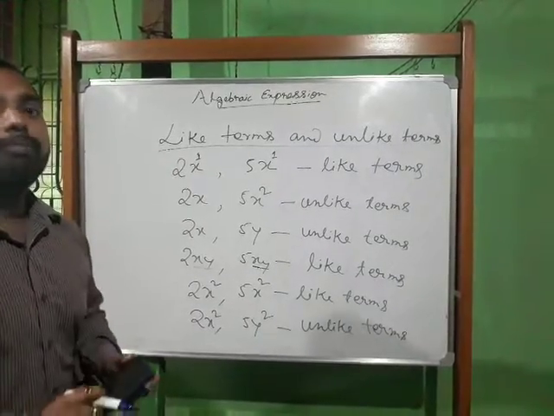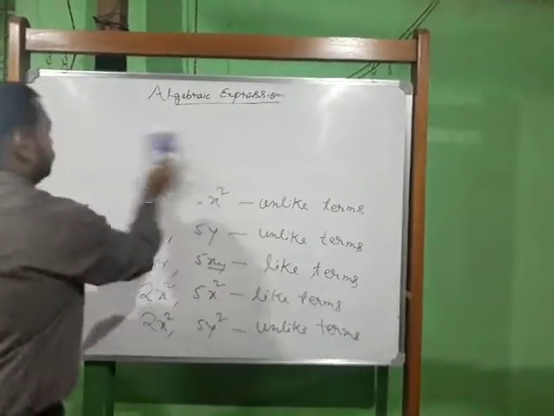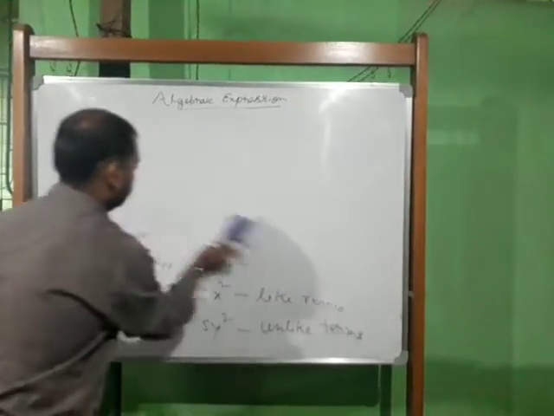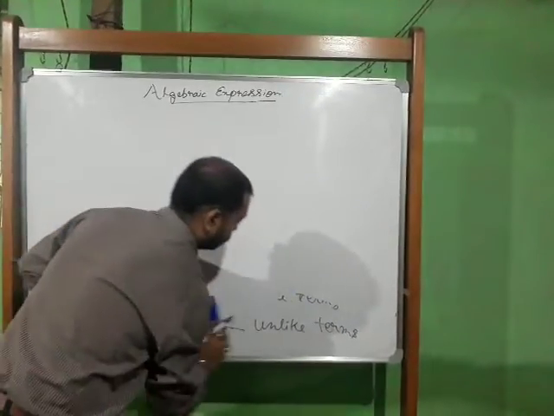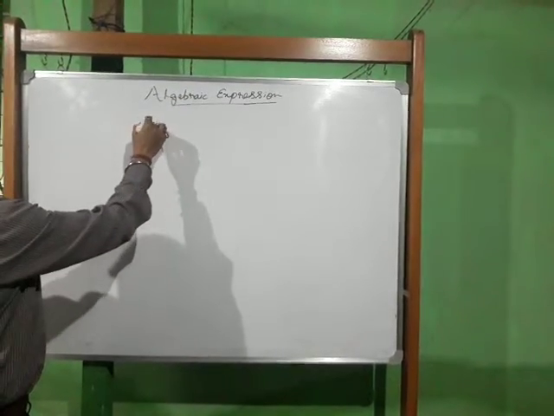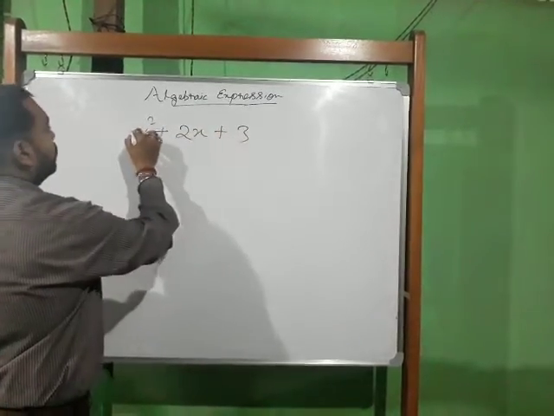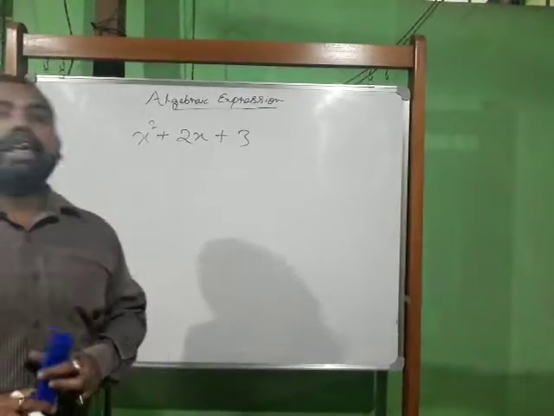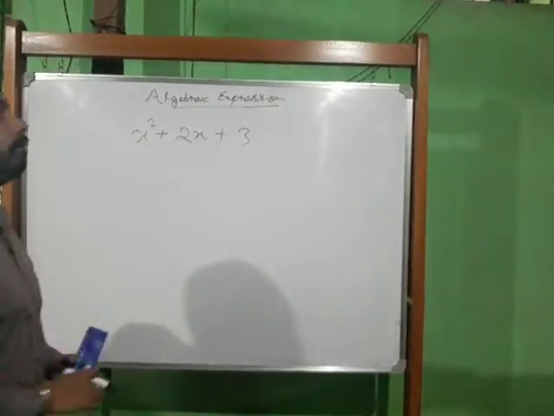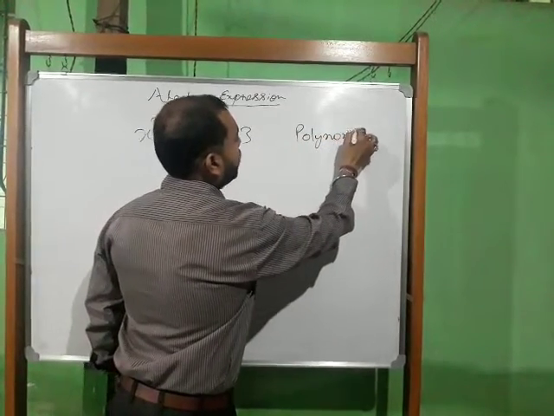Now let me talk about polynomials. What is polynomial? If I write x square plus 2x plus 3, this is an algebraic expression, and this expression is also called polynomial. P-O-L-Y, polynomial.